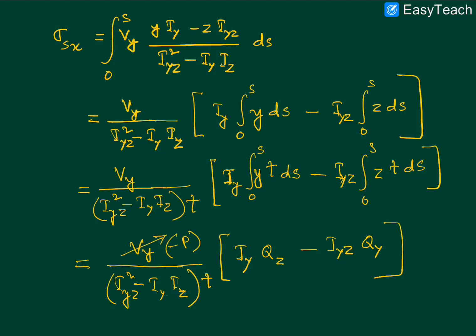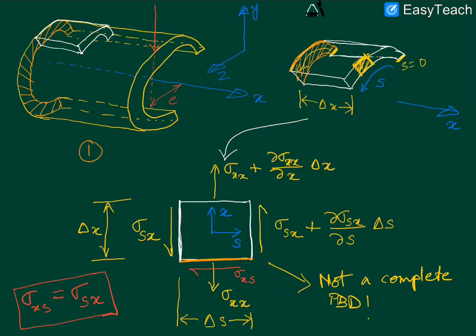So you see what we have achieved. We have managed to write our expression for the sigma Sx, which again we note is equal to the sigma Xx XS, in terms of the given load, which is P. So let me write that down by going back to the page here.